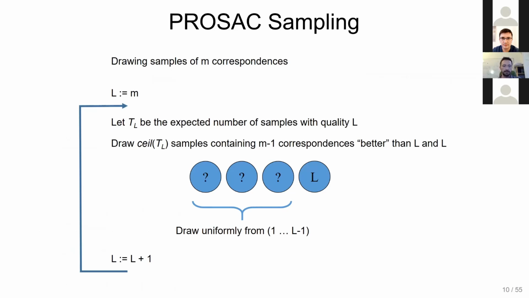We will start from the best M correspondences, and basically we will draw the samples based on the quality.